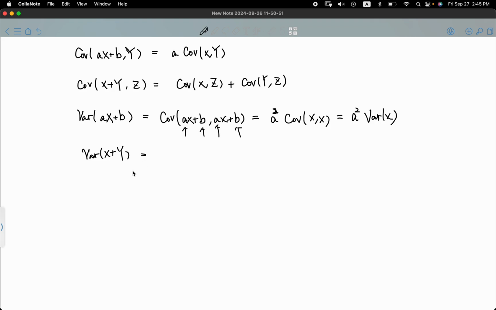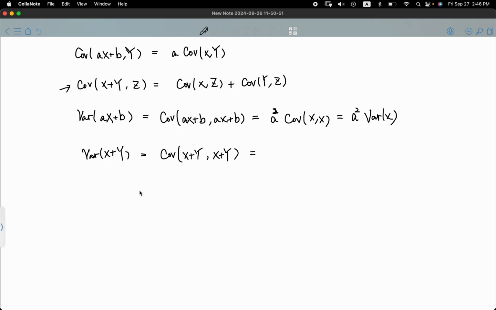Just using the idea of covariance, you can consider this as the covariance of x plus y with x plus y, and I'm going to use this one as well.